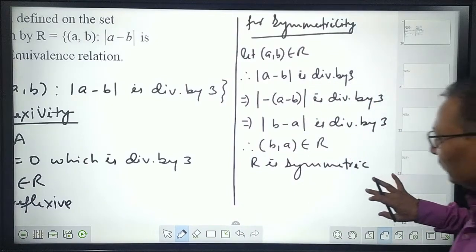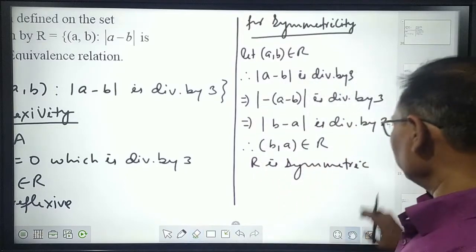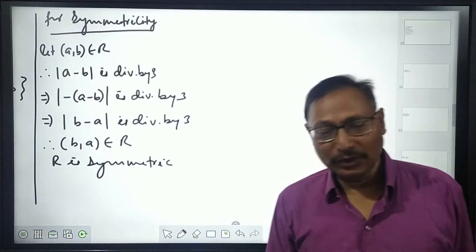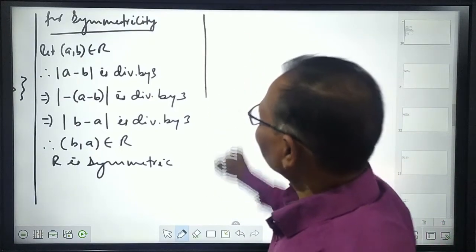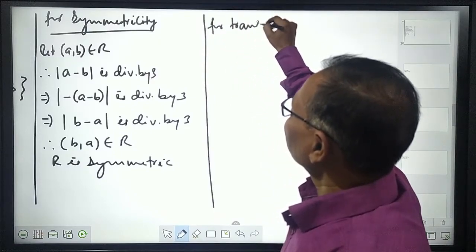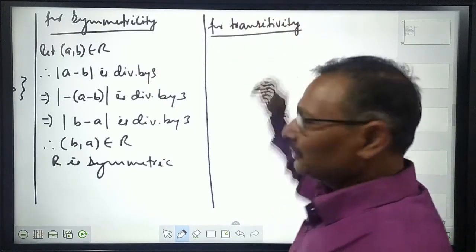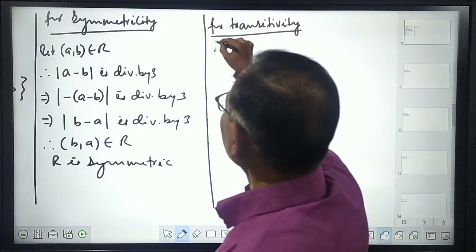To check this, first of all, I would like to recall the same thing. We are supposed to take two elements from the given relation. So for the purpose of transitivity, I am taking two elements from the given relation.